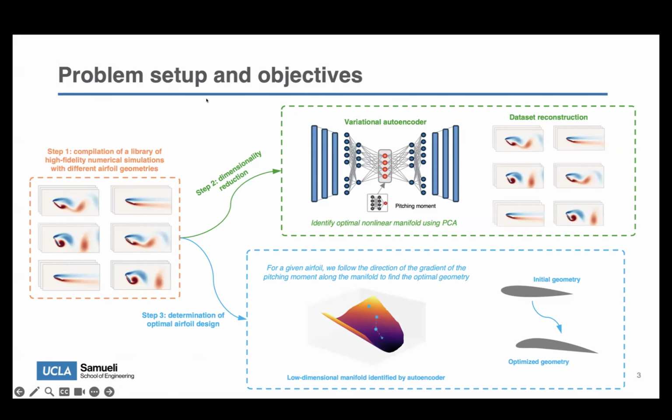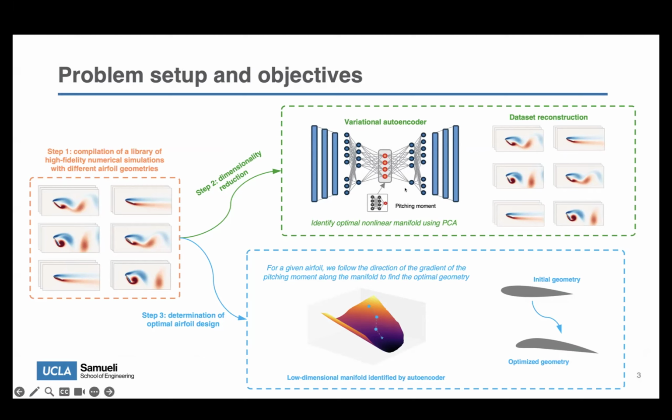The first step would be to collect and form a library of different high fidelity simulations where we look at different airfoil geometries and different aerodynamic conditions. Once we have this library, then we go to step 2, which is we train a variational autoencoder so that we can find a reduced order model, a nonlinear reduced order model that can capture both the geometry of our airfoil, but also the dynamics of these aerodynamic encounters.